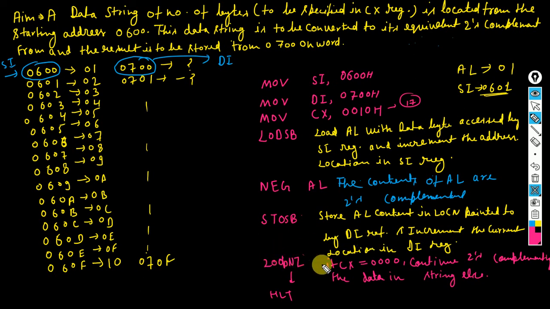Means LOOP NZ checks the CX value, and after the instruction it decreases the counter value by 1 and checks the counter value also. If counter value is 0, it exits the loop and moves to the next instruction. Suppose CX value is not equal to 0, it moves to the mark label, which is XX.